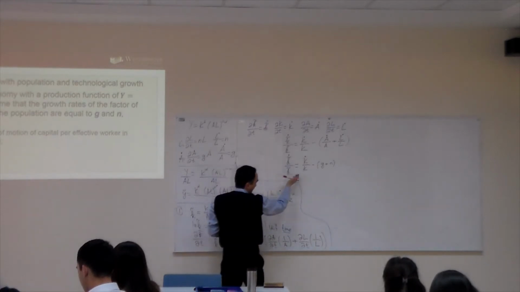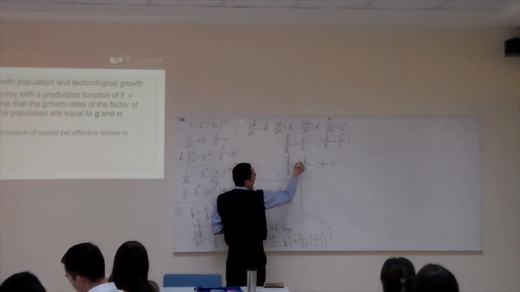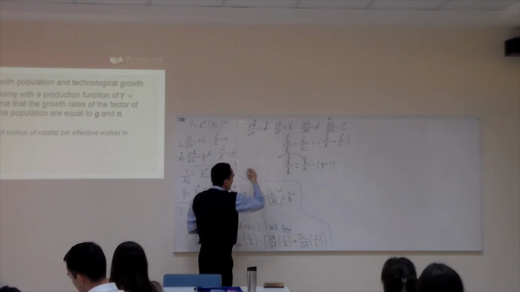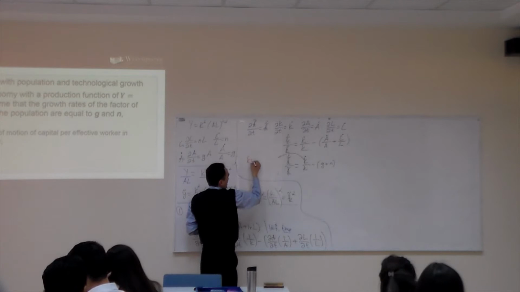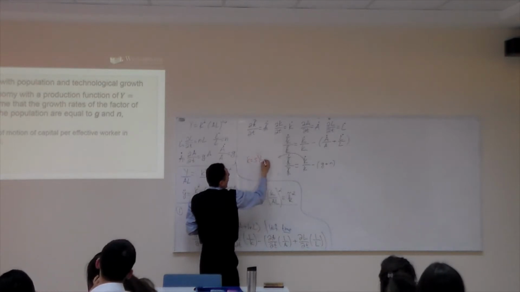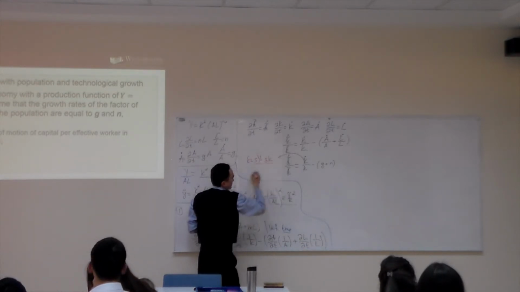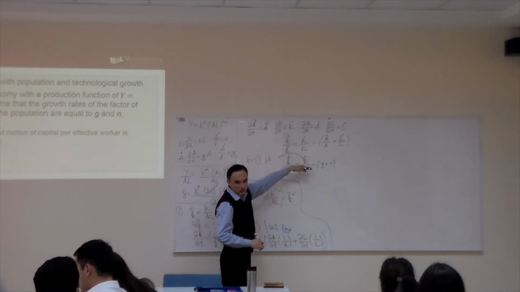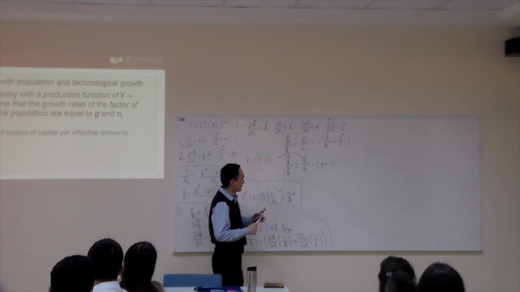So what did we do in this step? Once we reached this step, we considered what our change in capital stock is equal to, right? Change in capital stock is equal to investment minus depreciation, which I showed you last week in the graphic, okay?